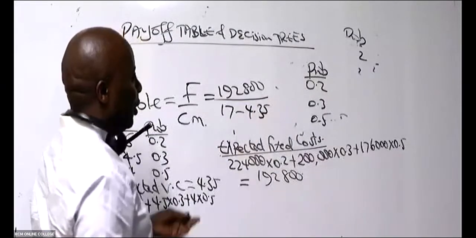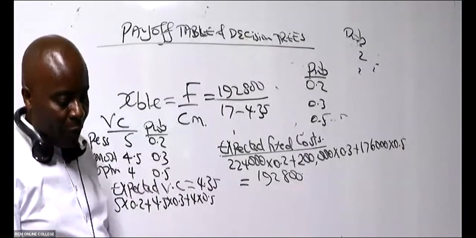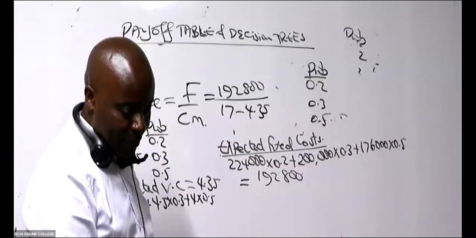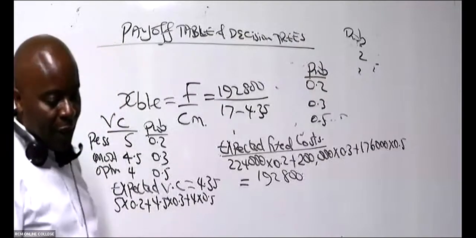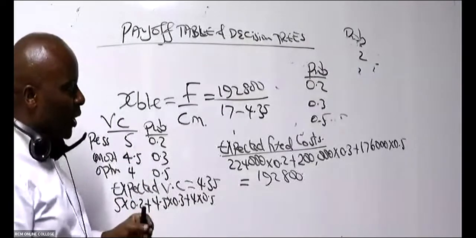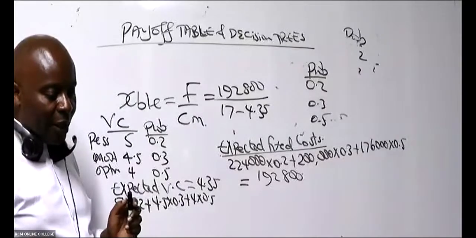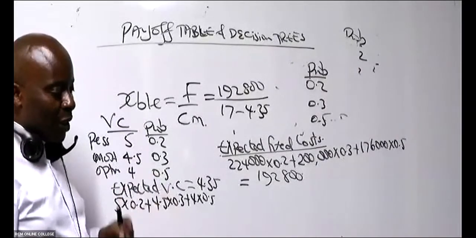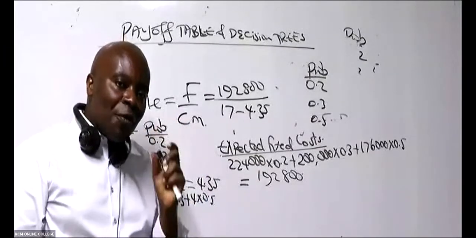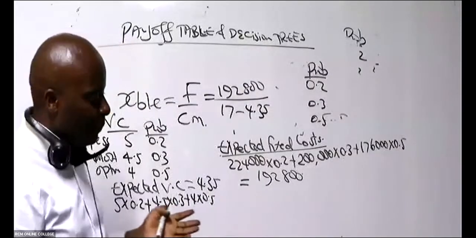So is there somebody who is able to give us an answer now? 15,241. That is what you needed to have done to get the break-even quantity. The examiner was a little bit tricky, but that's okay. We had to average the fixed cost and we had to average the variable cost. That's the only difference there.